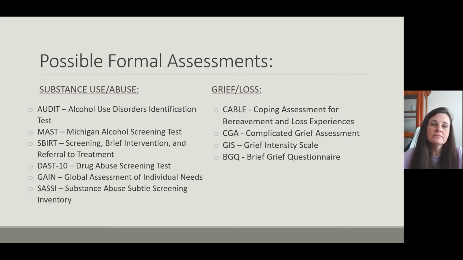Probably would look at the AUDIT, which is the Alcohol Use Disorders Identification Test, or the Michigan Alcohol Screening Test, the SBIRT, the DAST-10, the Global Assessment of Individual Needs, the SASSI. So you can screen for substance abuse, and then if that screening comes back where, yeah, you need to explore this a little more, then you could dive deeper with a different type of assessment.